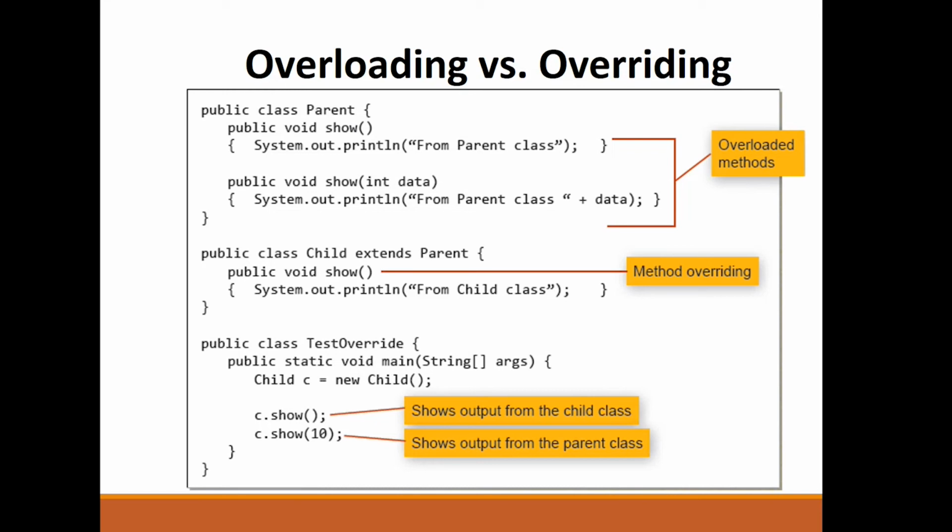However, the child class also has its own show method. Take note that once it is inherited, you don't have to write the code again. There's no need for you to write the methods again coming from the parent class. But by doing this, you are now doing overriding.